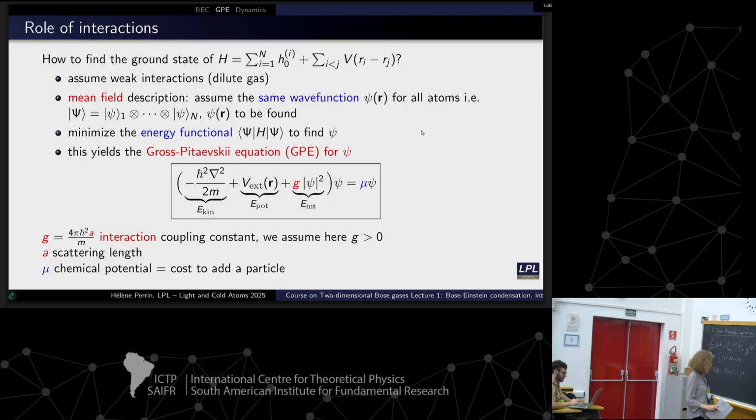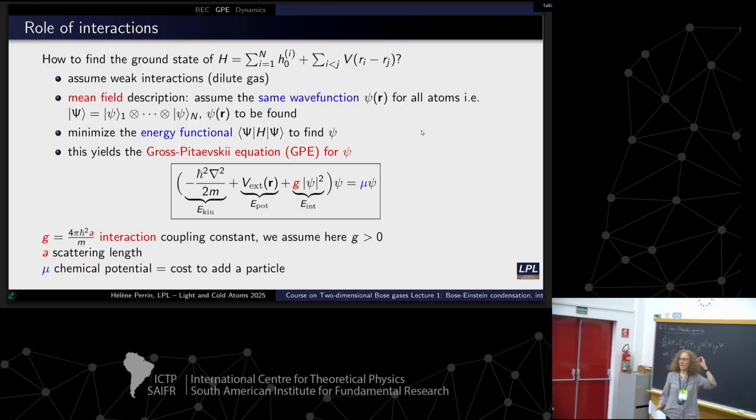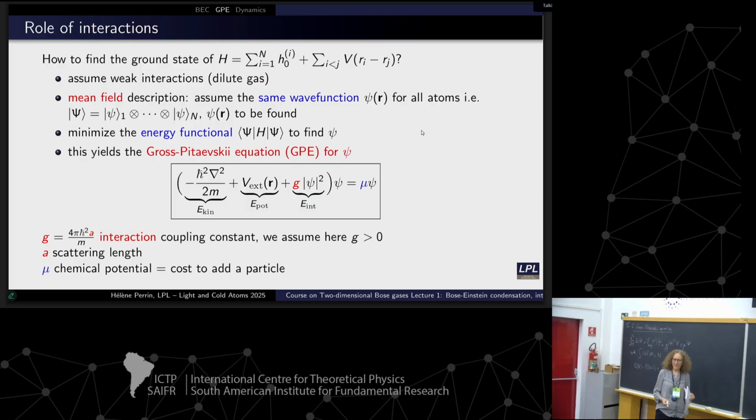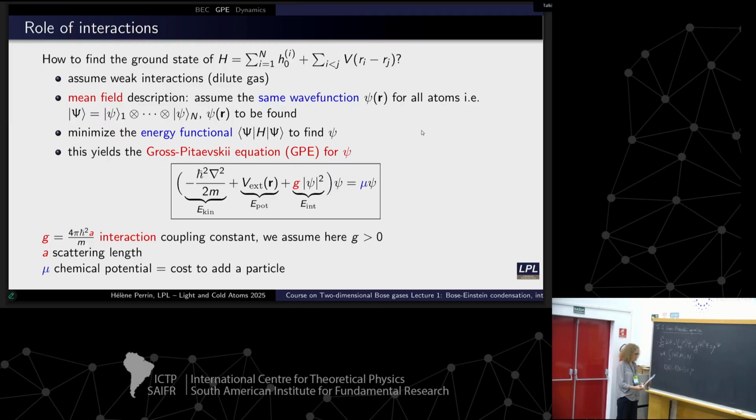And the fact that this difference is mu tells you that the chemical potential is the price to pay to add one more atom in the system. So this is why this multiplication factor is in fact written as mu, because this is the chemical potential.